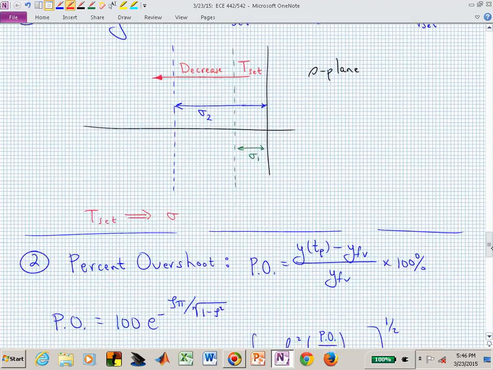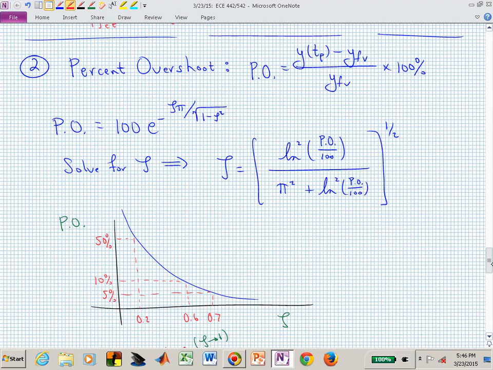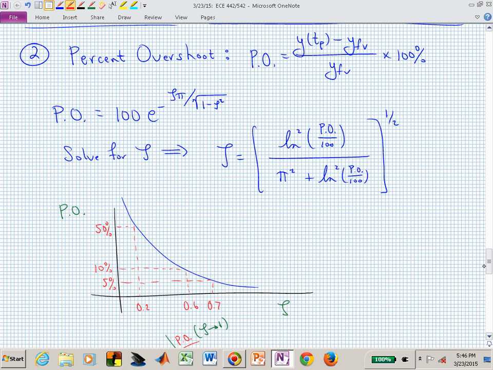That's one of the performance specs. Another performance spec is the percent overshoot. And if somebody gave you the response, you could compute the percent overshoot via this formula. It's just the maximum y minus the final value divided by the final value times 100%.